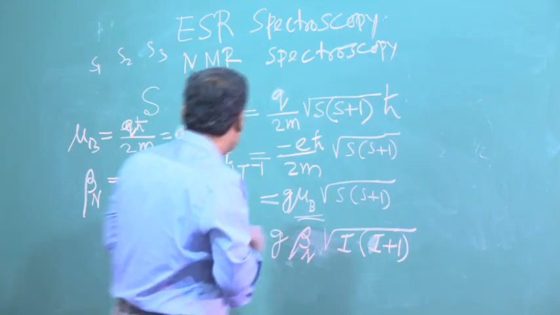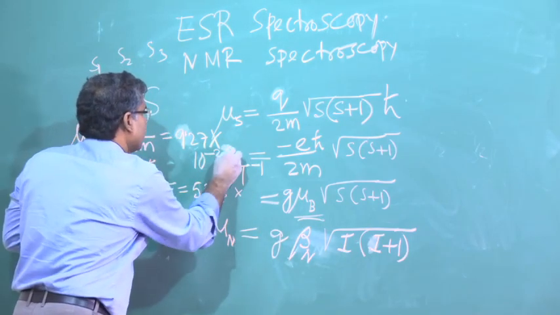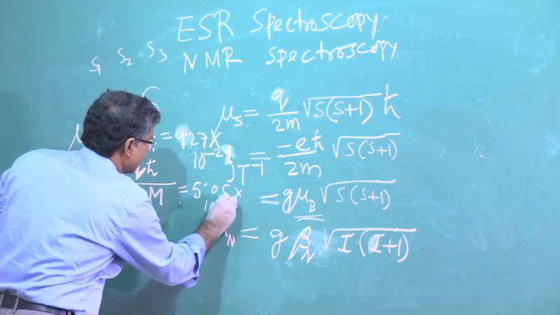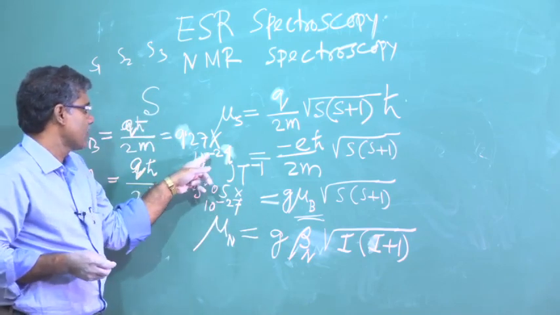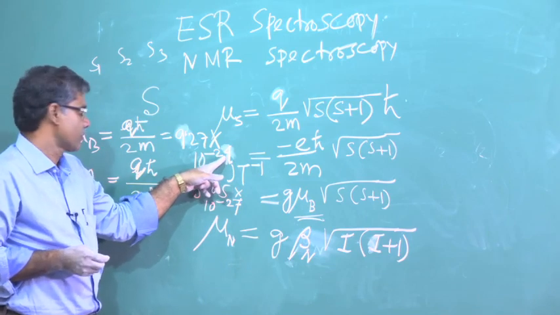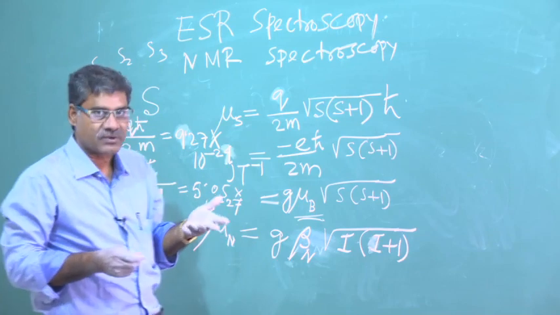Yes, that is right: 10 to the power minus 24 here and 10 to the minus 27 there. There is a three orders of magnitude difference.